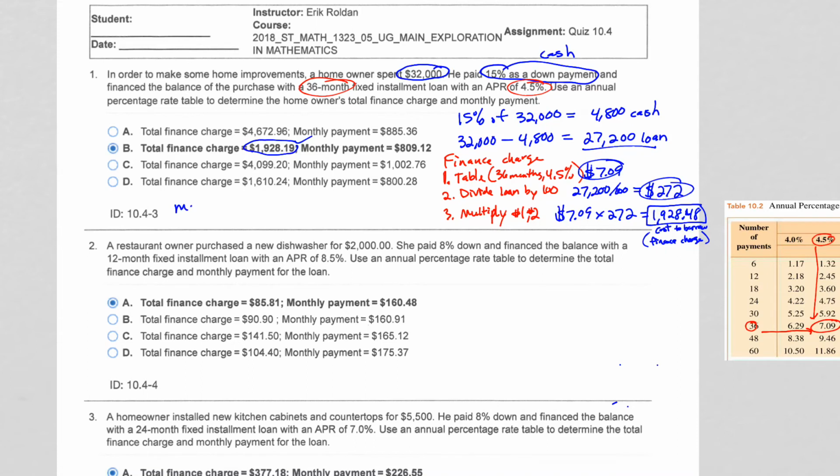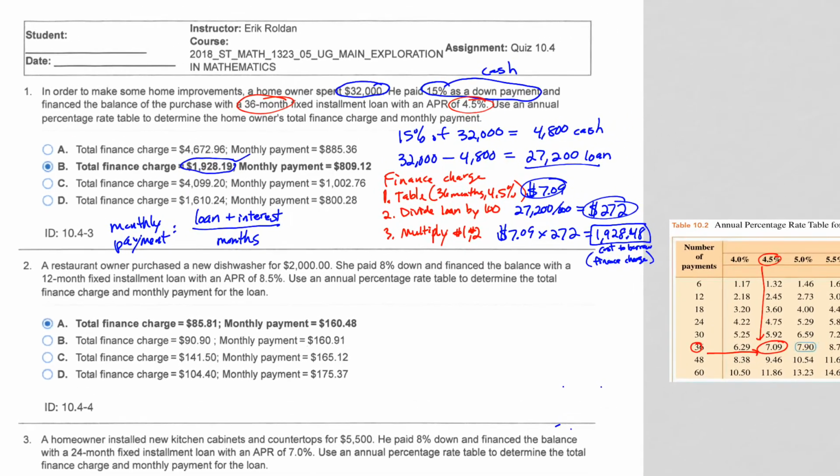So the monthly payment is going to be basically your loan plus your interest or the finance charge divided by how many months you're going to take to pay this off.